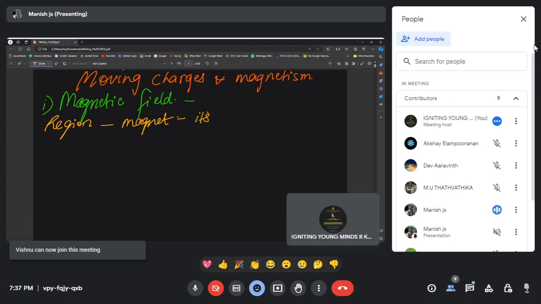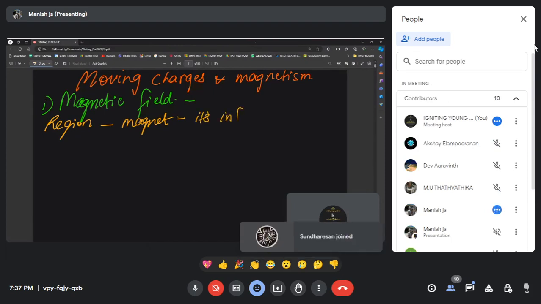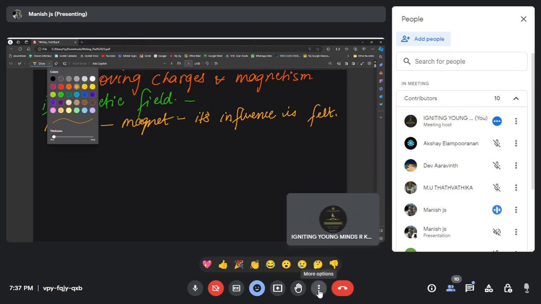Okay. So whenever you study, you will have to connect the basic key terms. The connectors here are region, then the magnets, so region surrounding the magnet where the influence is felt. You call that particular region, where the influence is felt, magnetic field. So now moving on.